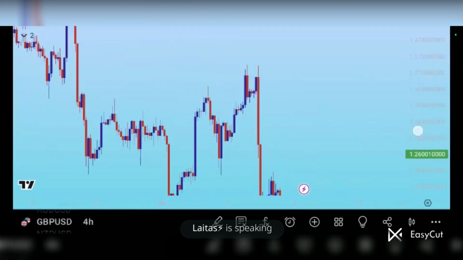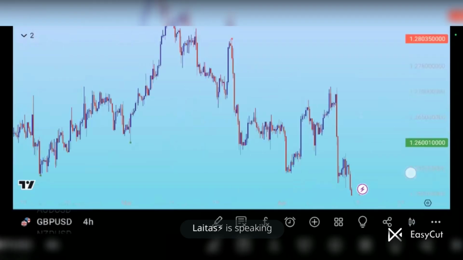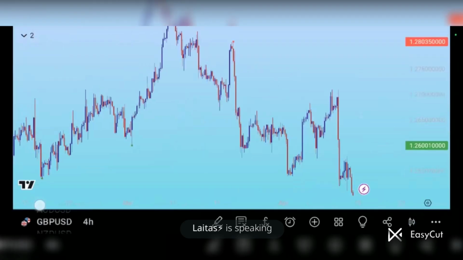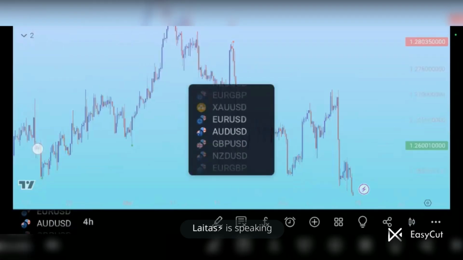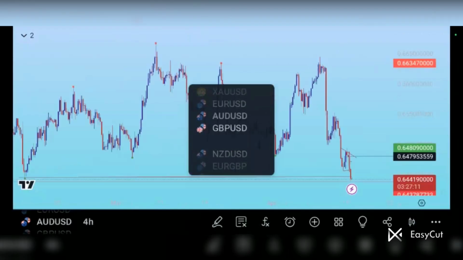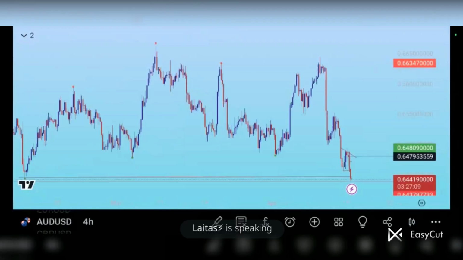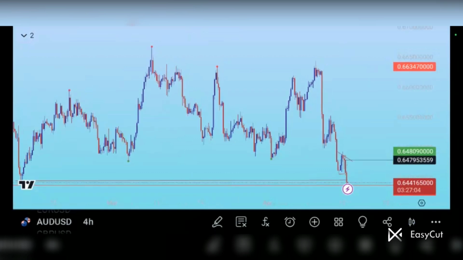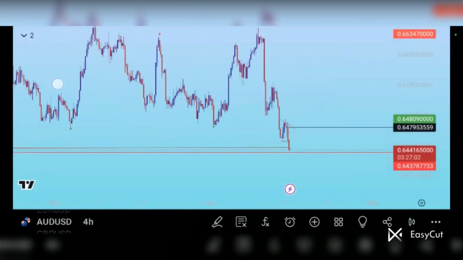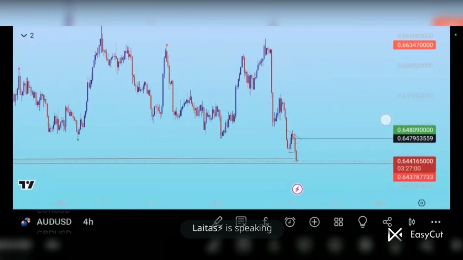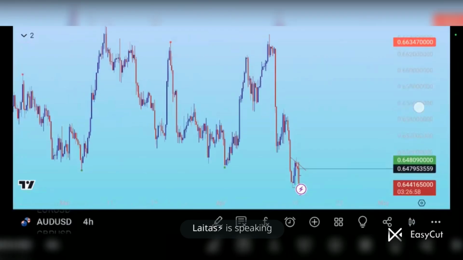Let me look for it here. I'm trying to see the charts. I think it's AUD USD. Is it AUD USD? This one. Can't remember, I don't know where I saw that thing.